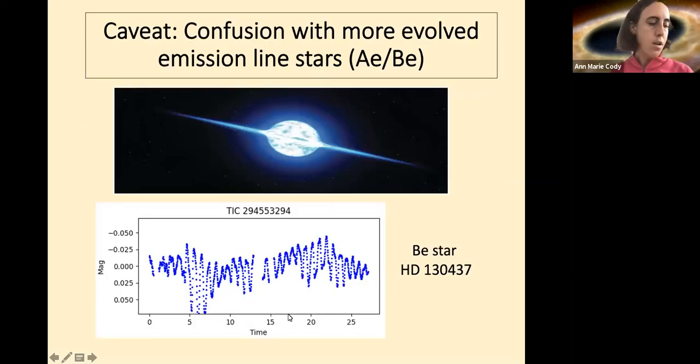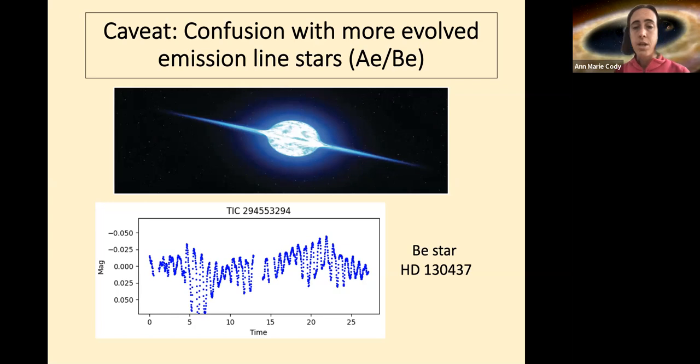Another caveat, though, is that the literature compilations of Herbig A/B stars I'm finding tend to include more evolved stars. So the classical Be stars, for example, have dust surrounding them, but it is not primordial circumstellar dust. It has been expelled by the star in later evolutionary stages.